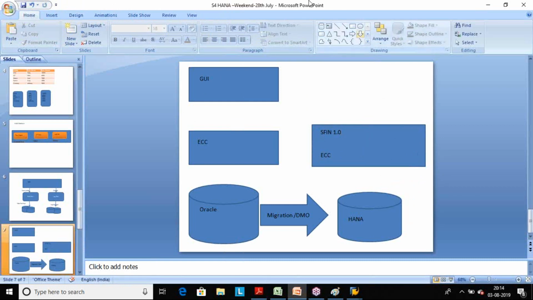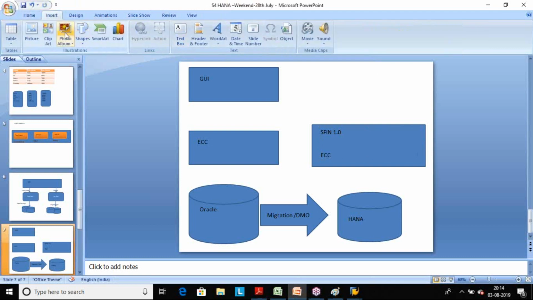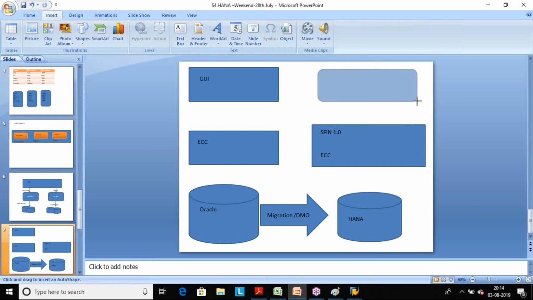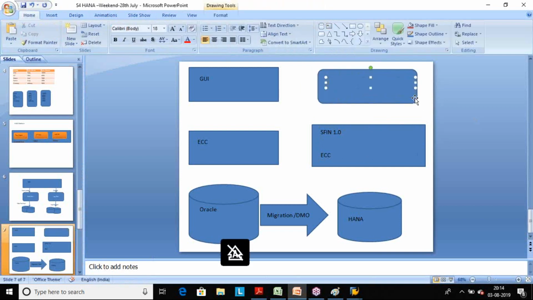Later in 2013, we got the cloud functionalities also. So along with your GUI, you can get the Fiori also. This one we will see later.